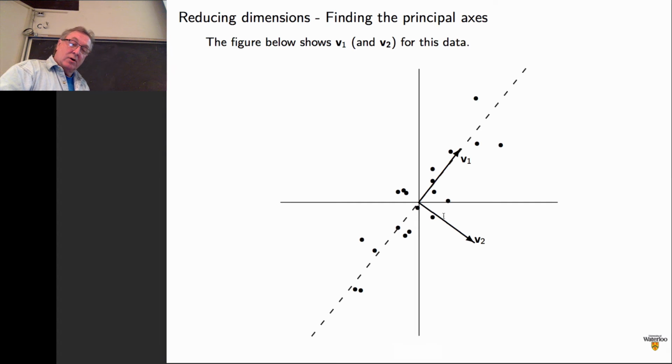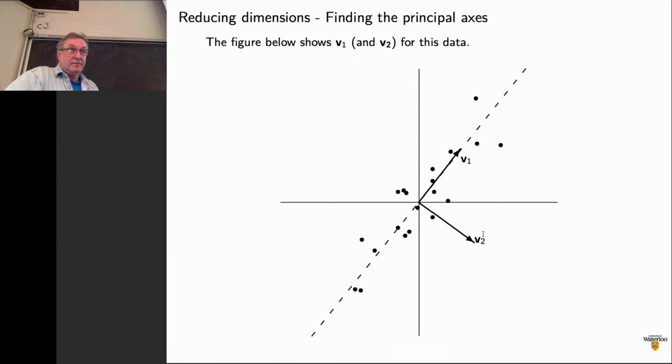So when I project all these guys down onto that V2, the sum of the squared lengths, or the average squared length, is small. So if, for example, I threw that V2 away, I haven't lost very much information. They're near that line.